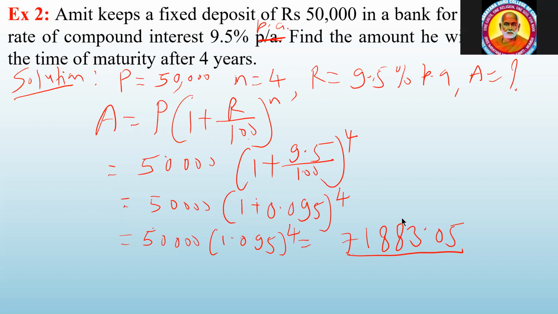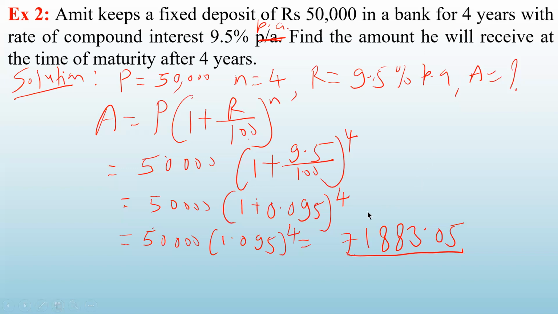See, I'll tell you how to solve this using your calculator in the fastest way. See, 1.095 raised to power 4. If you have to calculate this using the calculator, these are the steps. I'm writing it here. You first press 1.095 in your calculator.